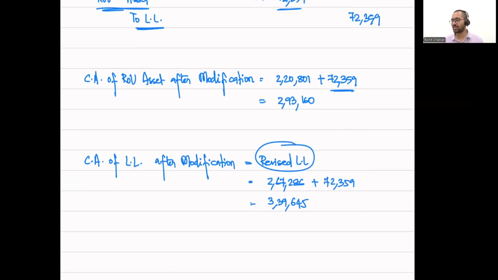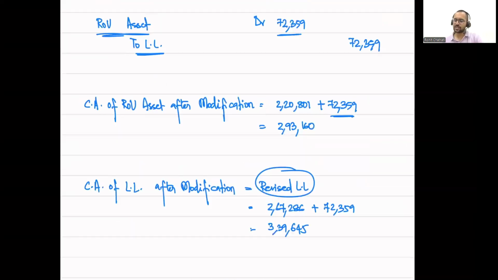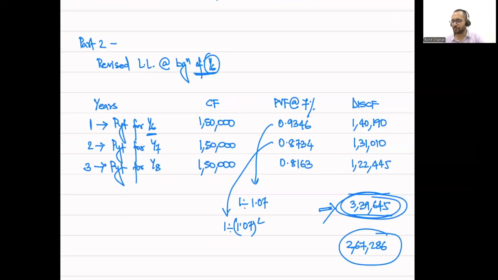All right, so we have broken it down into two parts, exactly like how we did it earlier. Under part one, we do the derecognition based on decrease in the lease term. Under part two, we calculate the revised lease liability, see how much the lease liability has to change by. Correspondingly, we also change ROU asset by the same amount. We have given the effect to both the decrease in lease term as well as the increase in the square meters, because we considered the future lease payments as 1,50,000.